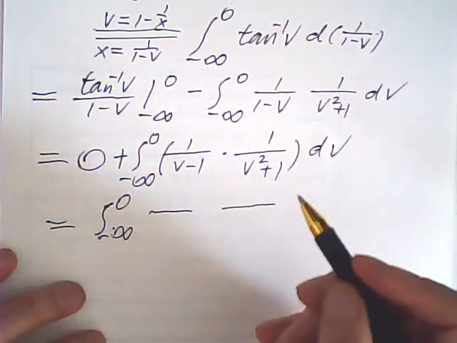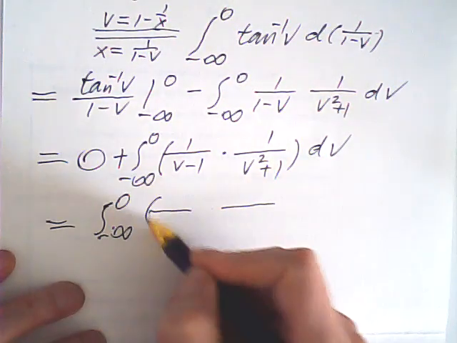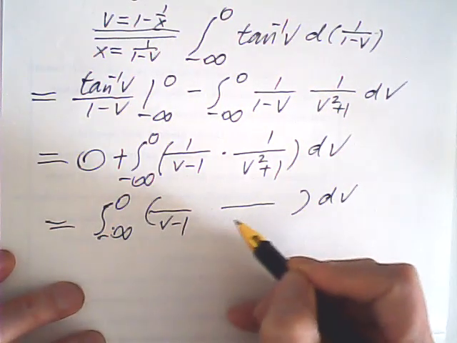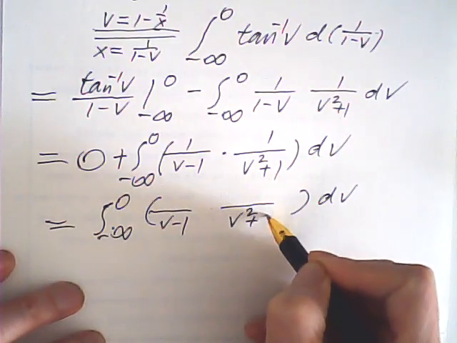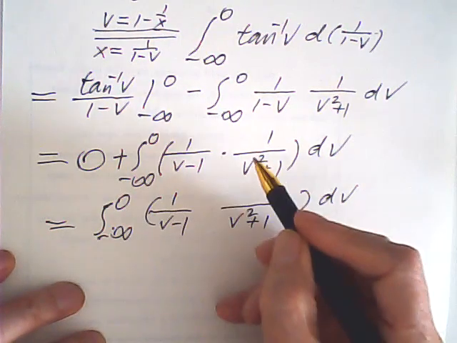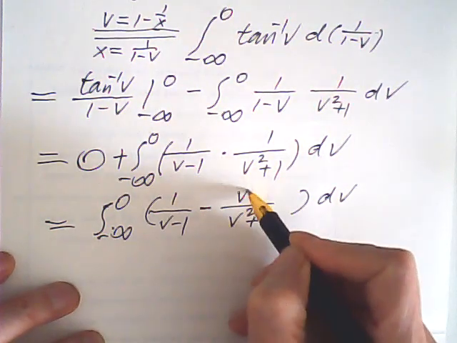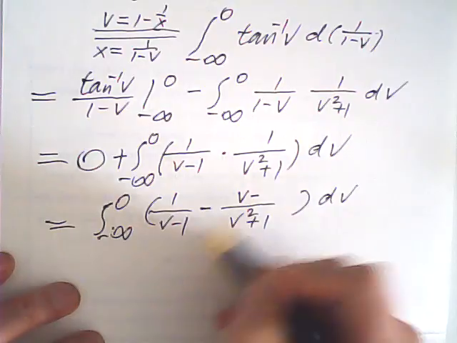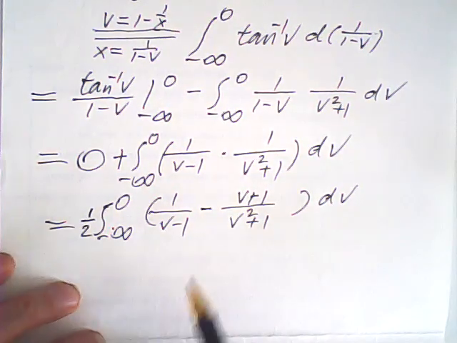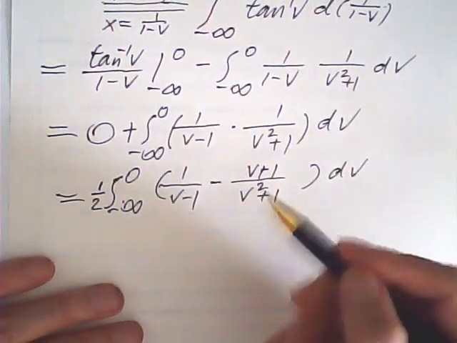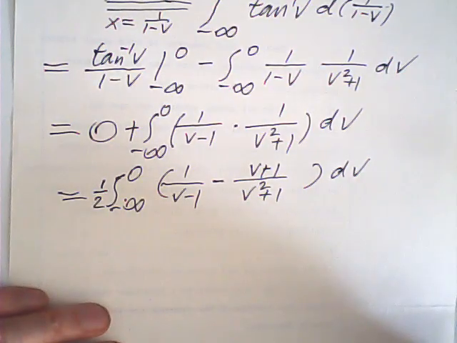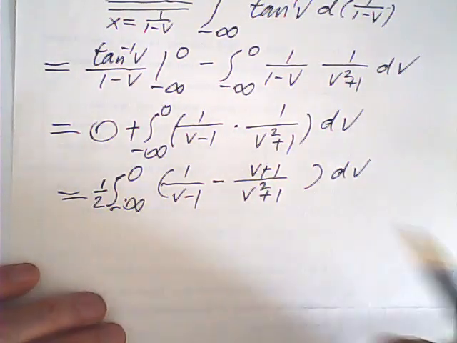Well, I suppose you know how to do it, so I just skip the steps for finding the coefficients. This is 1, this is minus, this is v plus 1, and times half. Then I got two integrals.